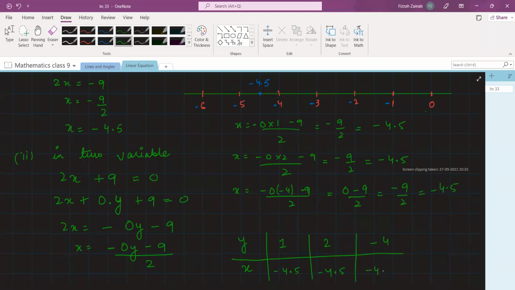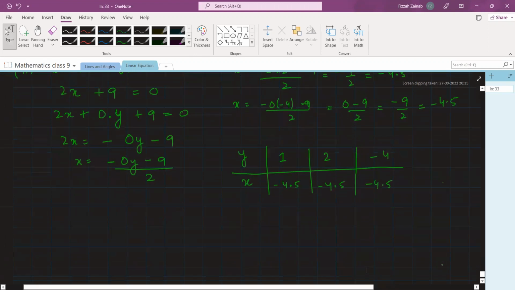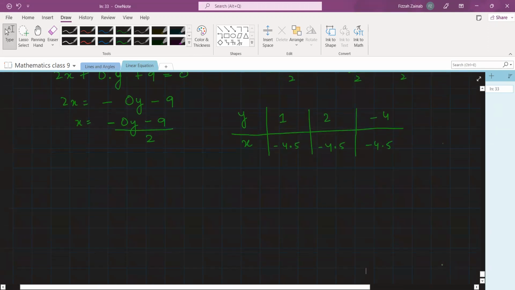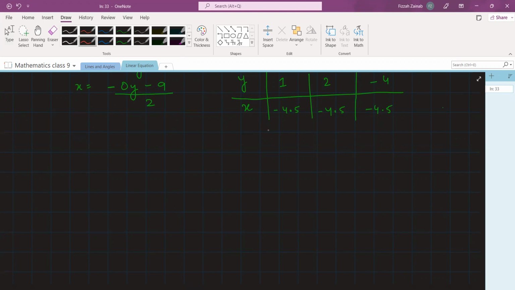So you can check whatever value you take, ultimately you are going to get minus 4.5. Is this clear? Now because I have two variables, I'll use a Cartesian plane to plot it, right? So let us draw a Cartesian plane quickly. And my x is negative, so I'm going to go, sorry.